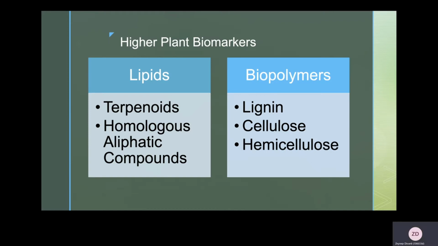First I wanted to focus on higher plant biomarkers, which come in two categories, lipids and biopolymers. Lipids include terpenoids and homologous aliphatic compounds, and biopolymers include lignin, cellulose, and hemicellulose.